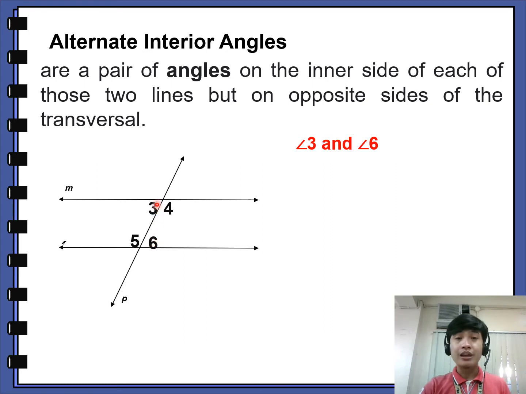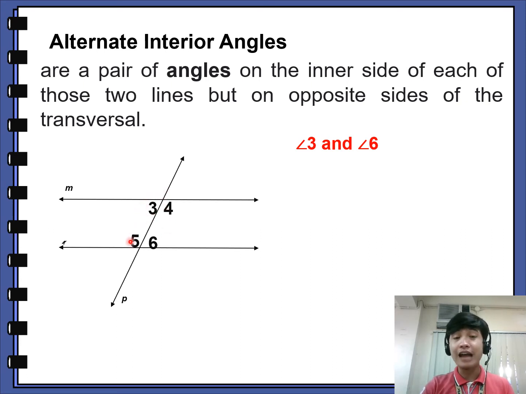I-check natin. Angle 3 ay nasa left side. Angle 6 ay nasa right side. So, magkabilaan. At the same time, hindi po sila adjacent. Okay? Hanap natin pagka-alternate interior angles. Una, non-adjacent. Hindi nag-share ng common side or vertex.